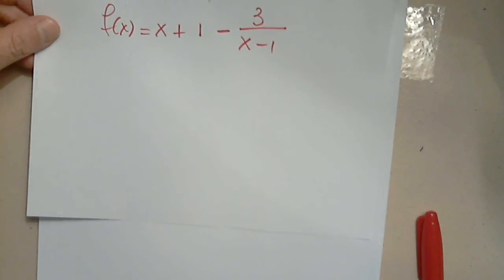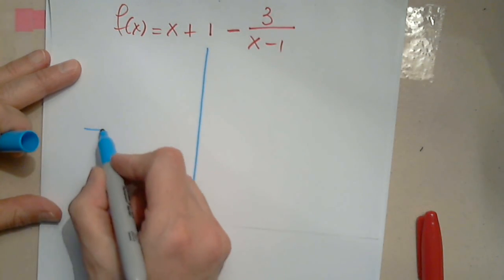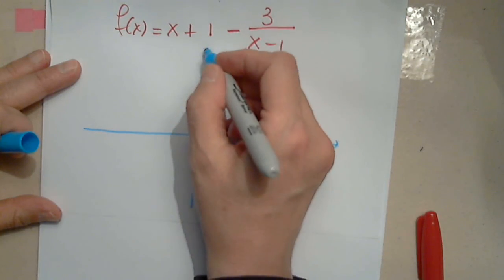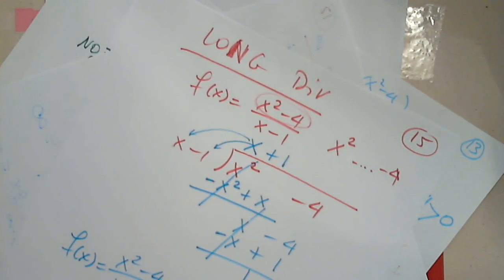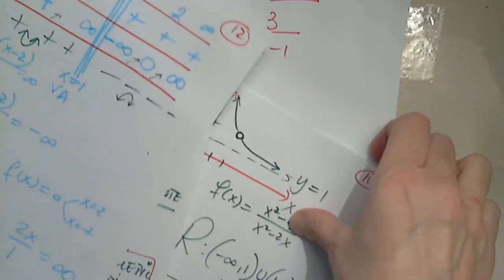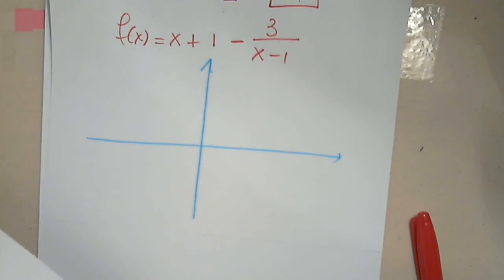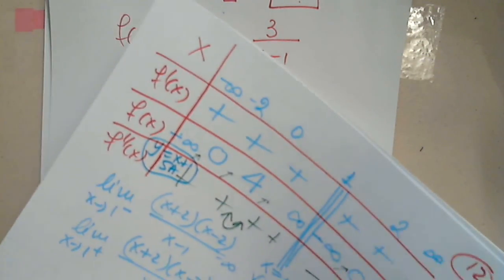Okay, so we are ready to graph now. When we graph a function with asymptotes, I have to graph the asymptotes first. So I made a mess here. Okay. So where is my table? Here's my table.